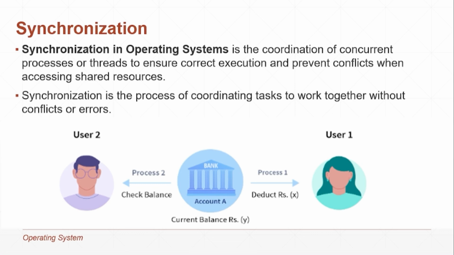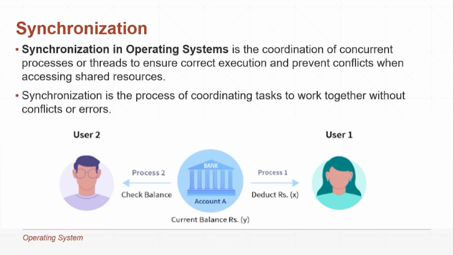If no proper synchronization is used in this example, then user 2 might see the old balance before user 1 deducts the money. This causes inconsistent or incorrect results called race condition. It means that your result might be wrong if you do not use the proper synchronization. So this is the simple and clear example of synchronization.